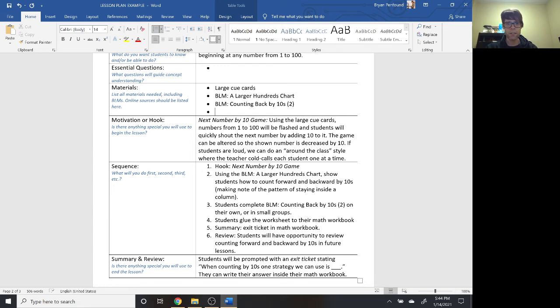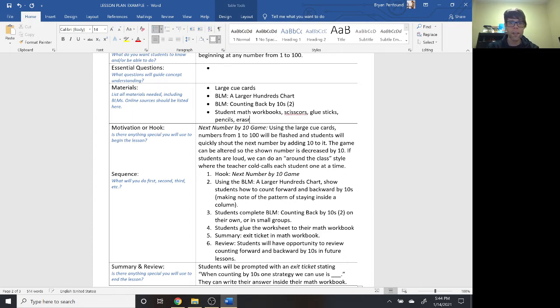And then we're going to need some other small things, like student math workbooks, because I'd like them to glue some of this stuff into their workbook or write some answers into their workbook. Maybe we might use some scissors, potentially. Maybe some glue sticks might be helpful. And of course the students will probably need pencils with erasers and stuff like that. So kind of the typical stuff.